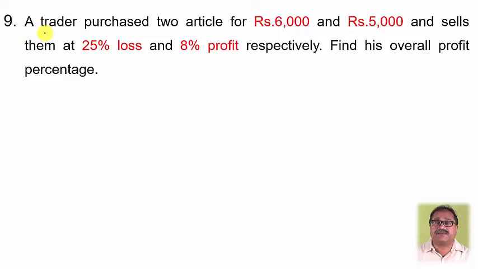Question number 9. A trader purchased two articles for rupees 6,000 and rupees 5,000 and sells them at 25% loss and 8% profit respectively. Find his overall profit percentage. So again we will go with the shortcut method.